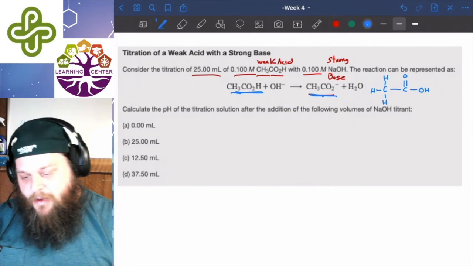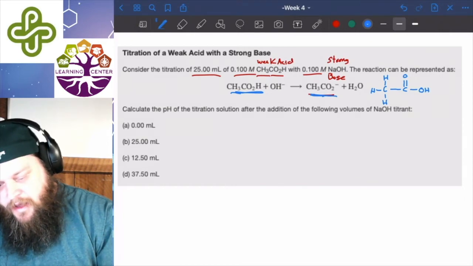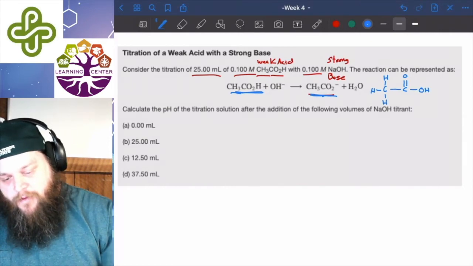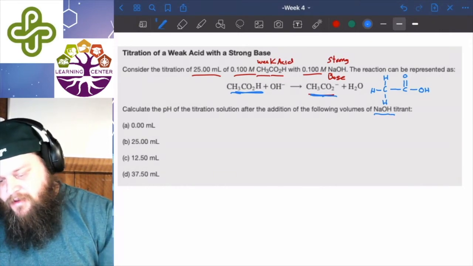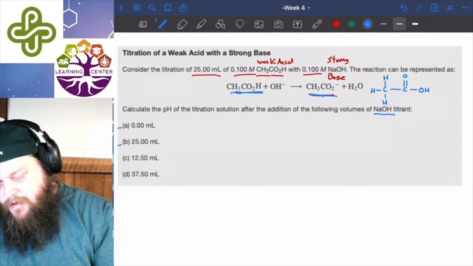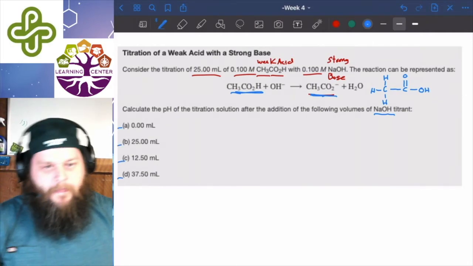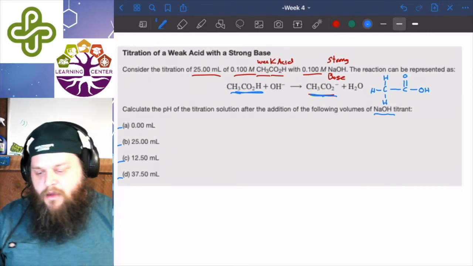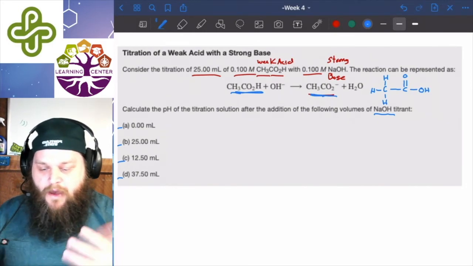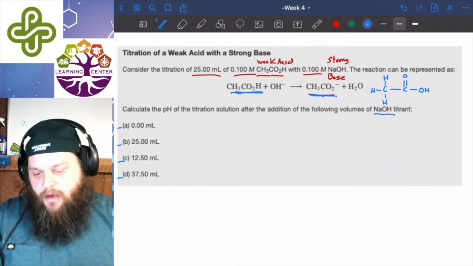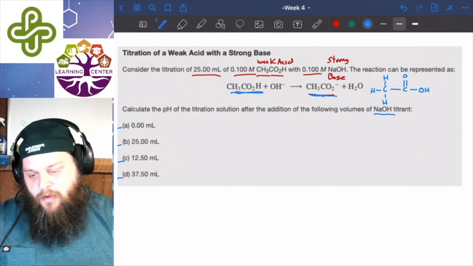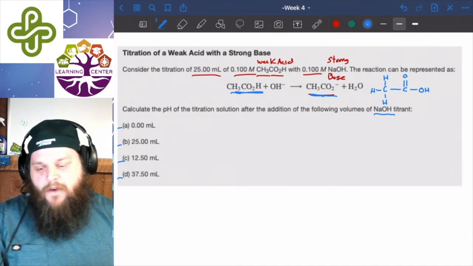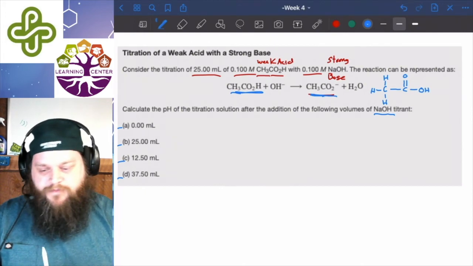But we want to calculate the pH of the titration solution after the addition of the following volumes of NaOH titrant. So we have 4 different volumes, A, B, C, and D. So let's start with A. With A, we have a weak acid, acetic acid, 0.1 molar, and it's in 25 milliliters of water.